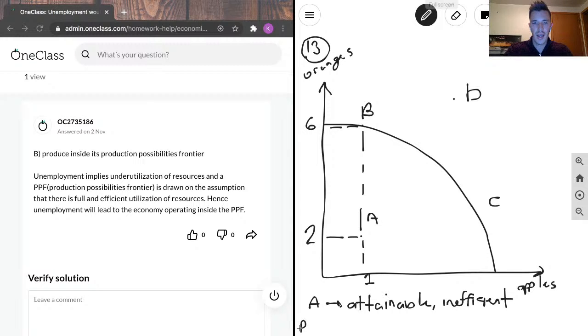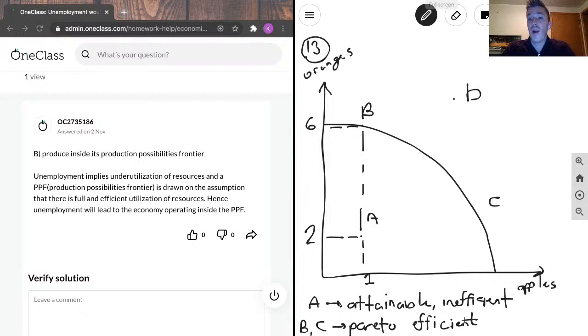So points B and C, points that are on the production possibilities frontier, are points that we call Pareto efficient or technically efficient. And what that means, Pareto efficiency, is a state where you cannot make somebody better off without making somebody else worse off. So for example, we're at point B and we've got 6 oranges and 1 apple.